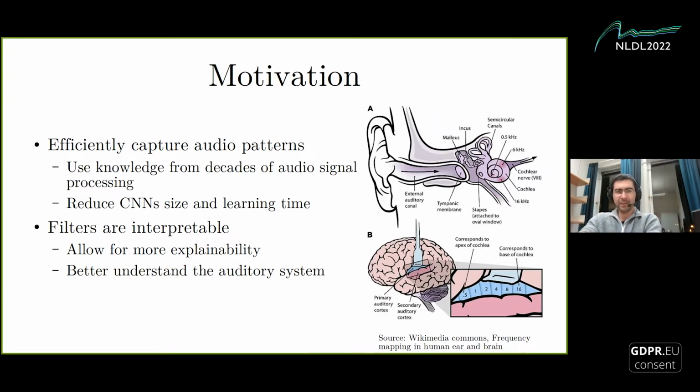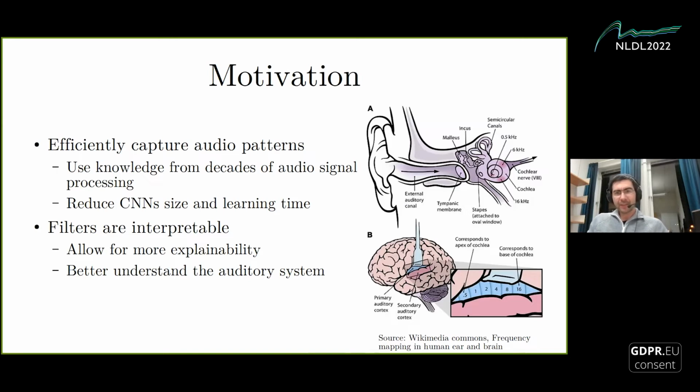Some of these waveforms are called gammatones; I will talk about that later. Then, if you learn for each kernel only one or two parameters instead of n, you can reduce the size of your neural network and the learning time. This is important for efficiency.